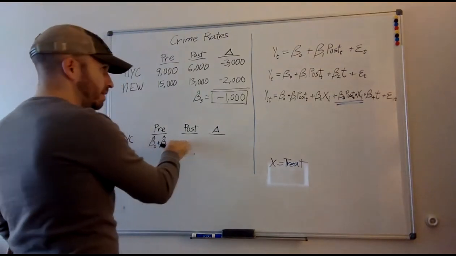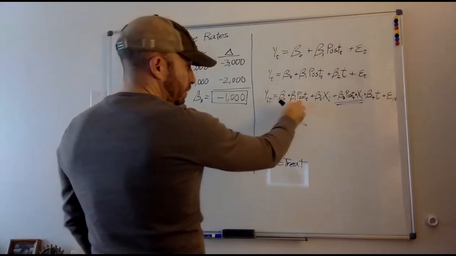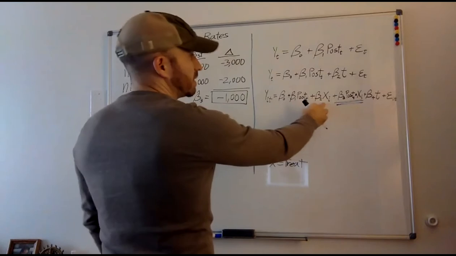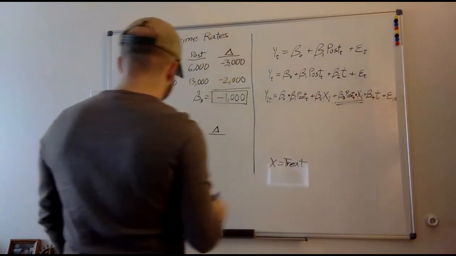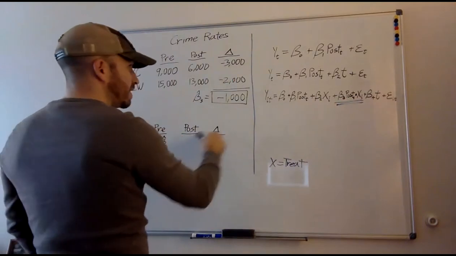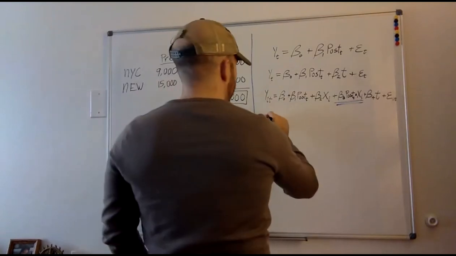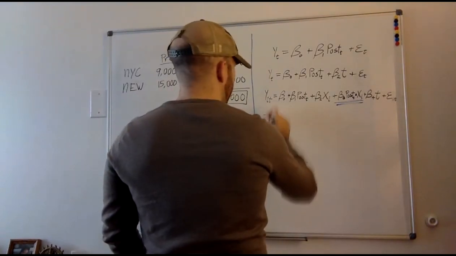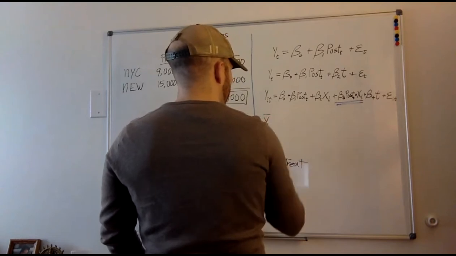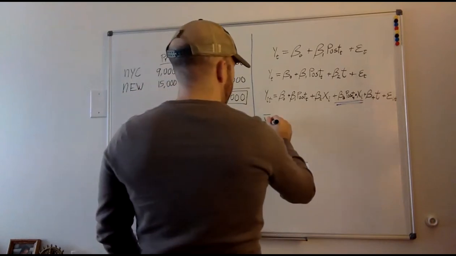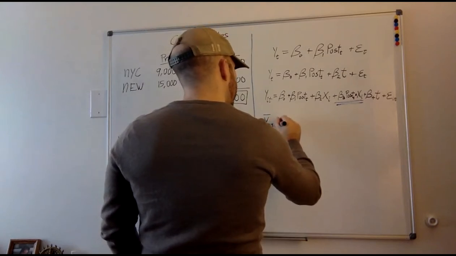And in the post period for New York City, now post is equal to 1, x is equal to 1, so post times x is equal to 1, and the expected value of this, we'll just illustrate it real quick, Y bar, we'll say 1 is for New York City, and t greater than 94.